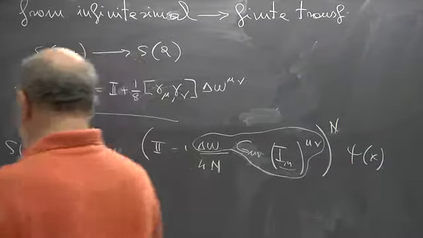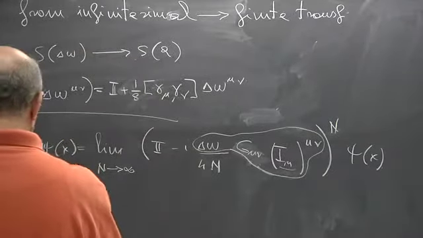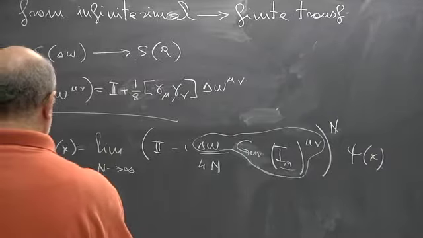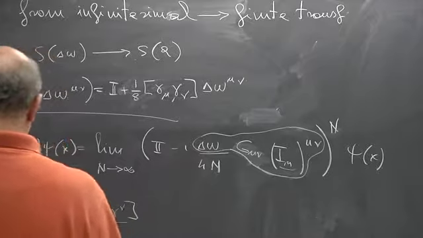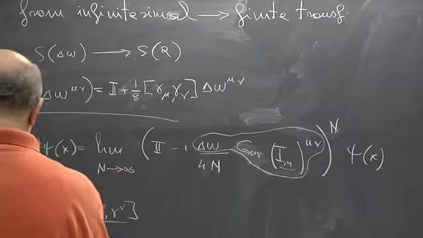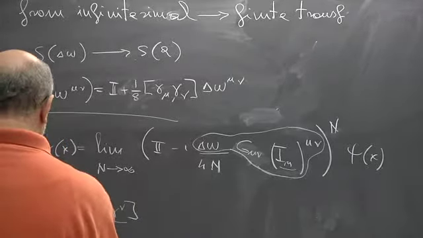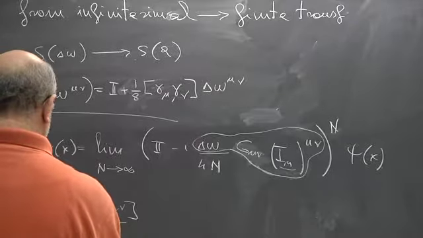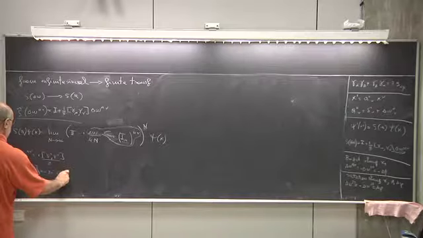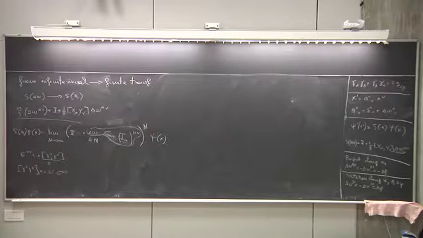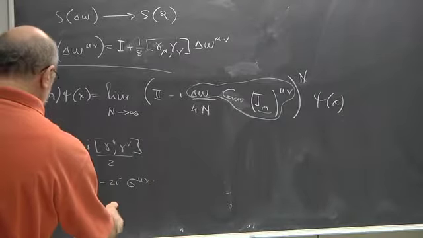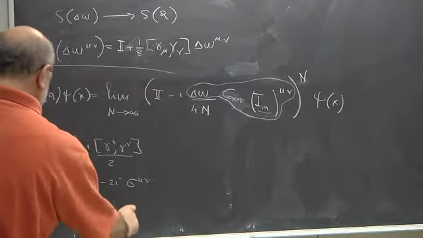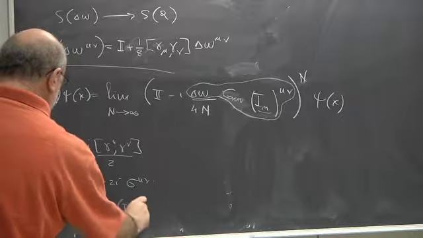First of all, we know that σ^{μν} is iγ^μγ^ν/2. Δω_{μν} is equal to one parameter Δω times I_{μν}, some matrix.